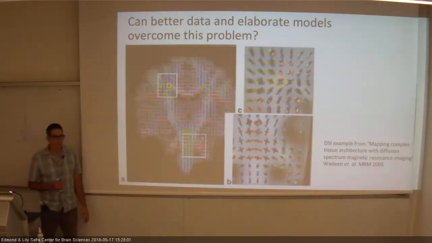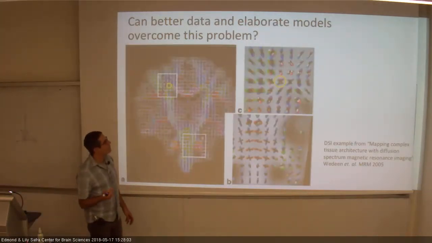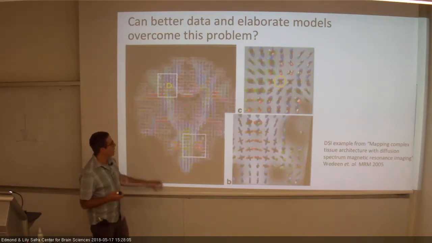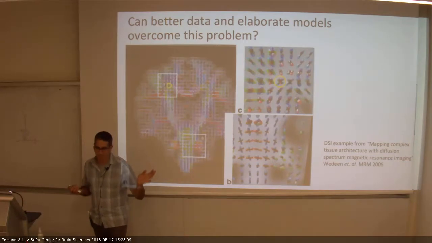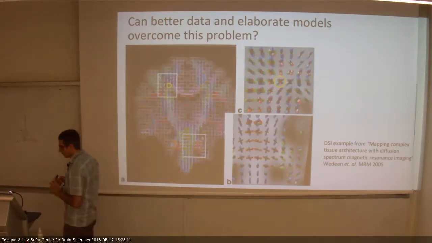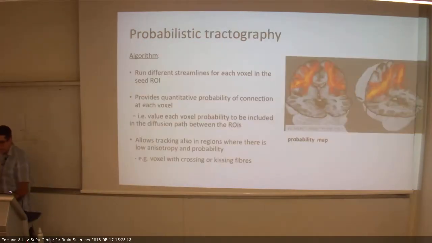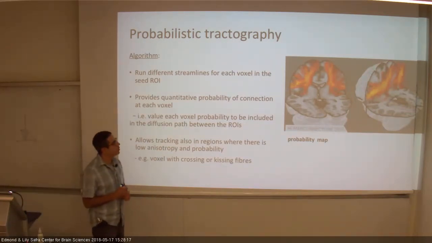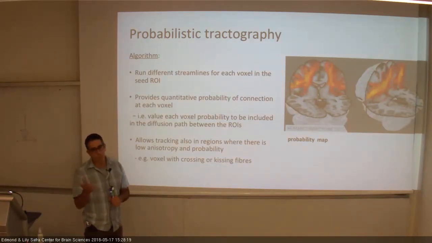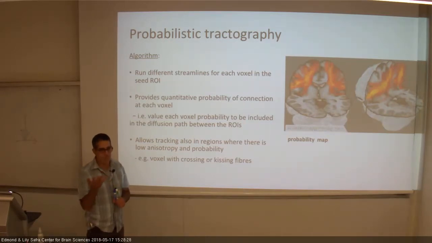Some people would say the solution is just using probabilistic tractography and very complex models, and then it shouldn't be a problem anymore. We get heat maps of the brain, and it's not going to be very greedy because we run it many times, and the fact that there is more than one possibility is emphasized in this probabilistic approach.